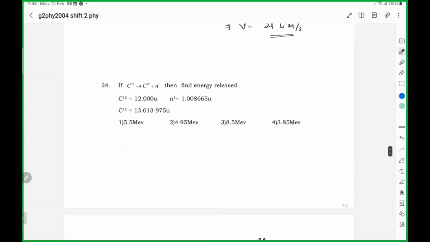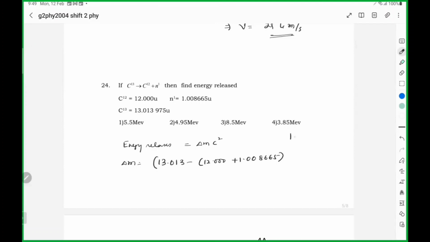So here energy released is equal to delta m into c square. So delta m here is 13.013 minus 12.000 plus 1.008665.